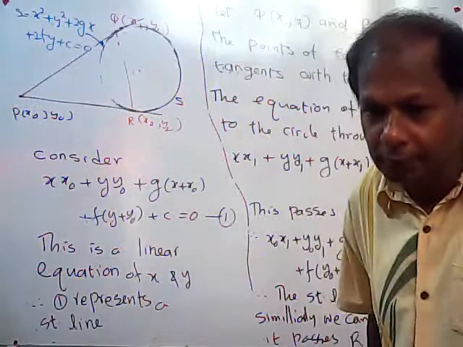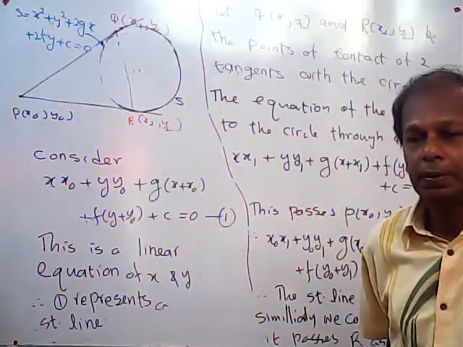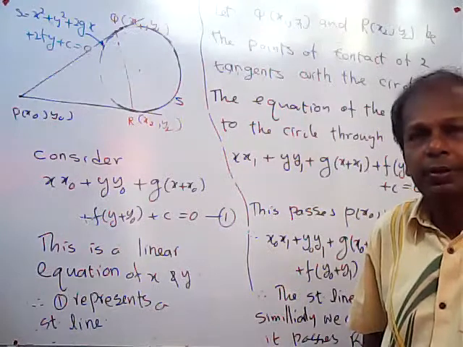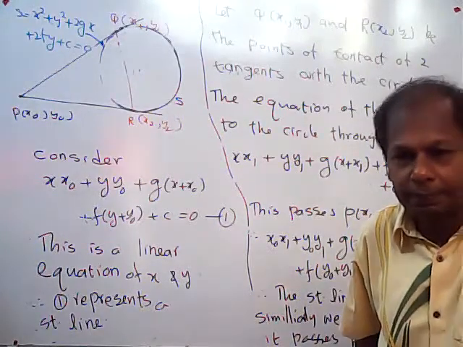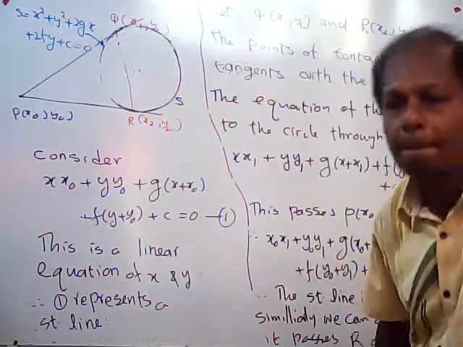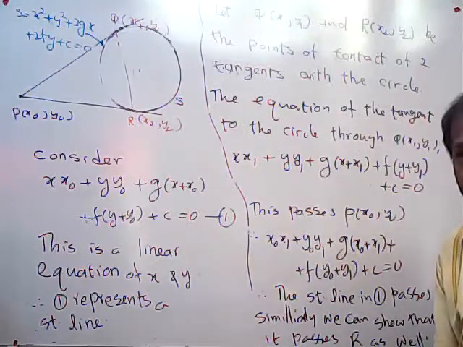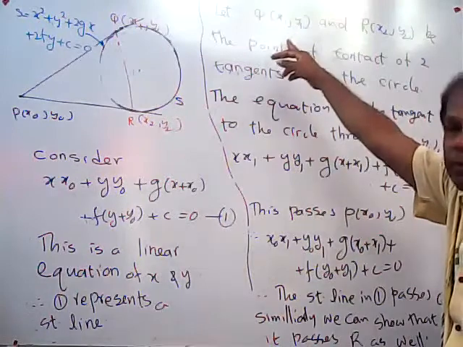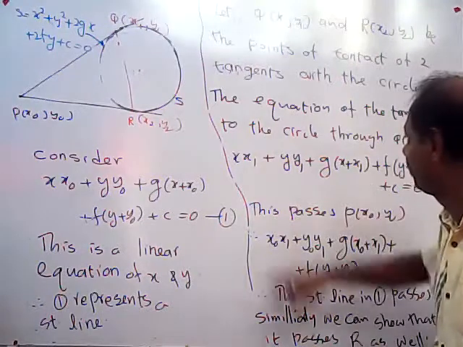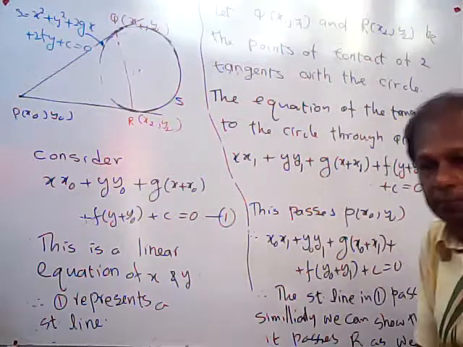It's the same way you can prove that statement passes R as well. Usually we don't write the same thing twice in mathematics. It's only like wasting our time, repeating. Only thing you replace Q by R here. The rest will be very much the same. Instead of x1 y1, you write x2 y2. The argument is the same.